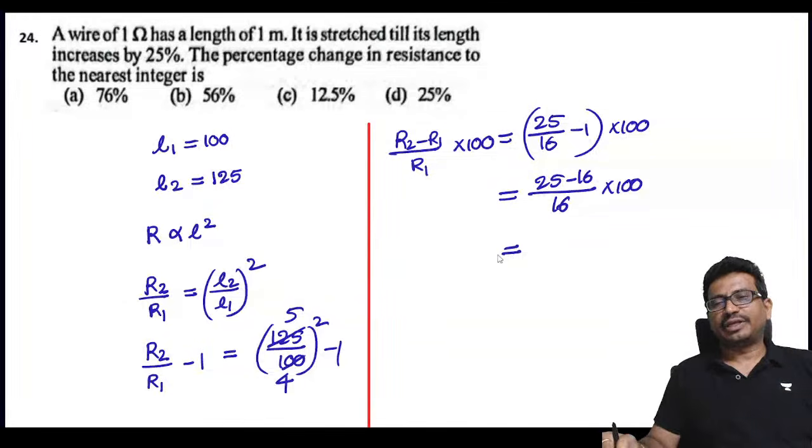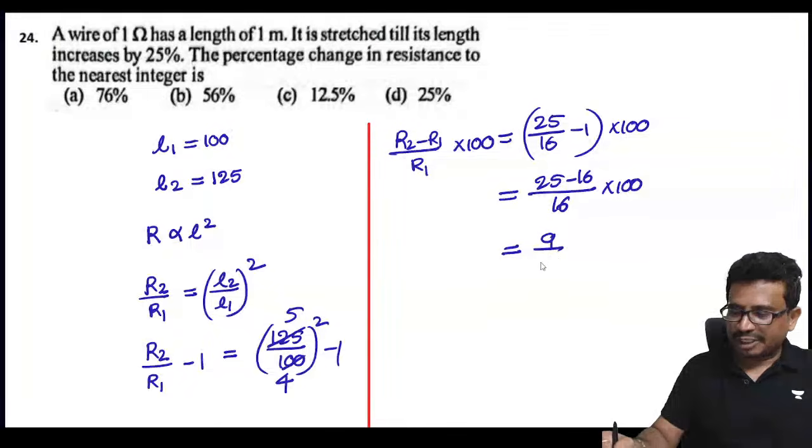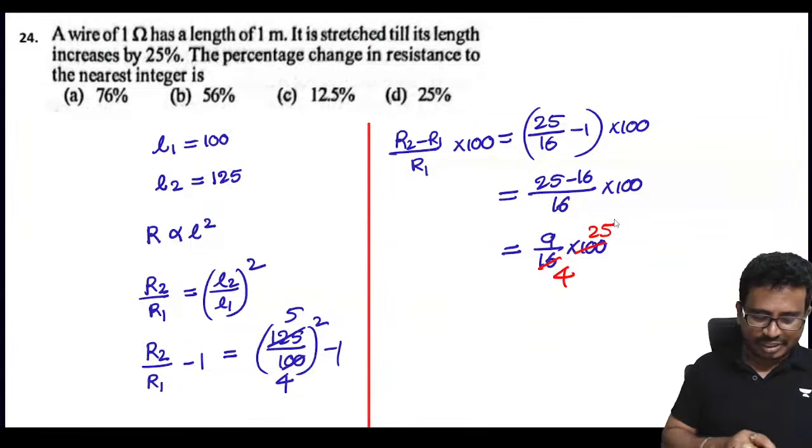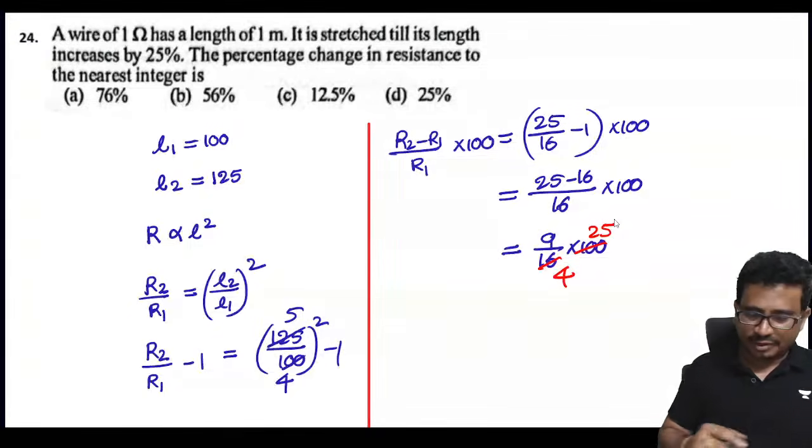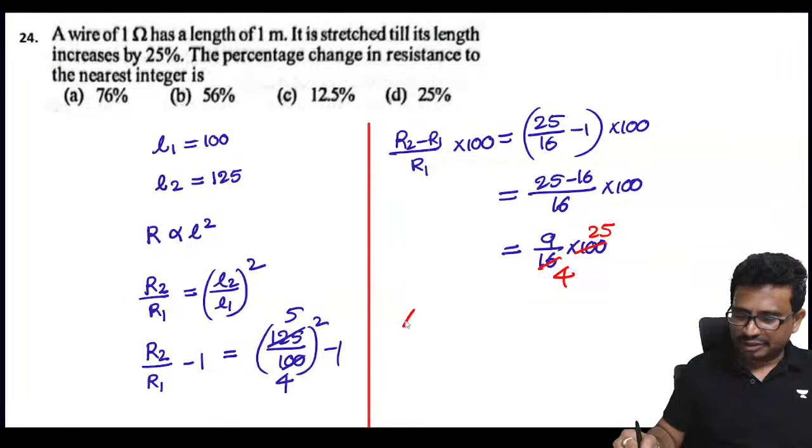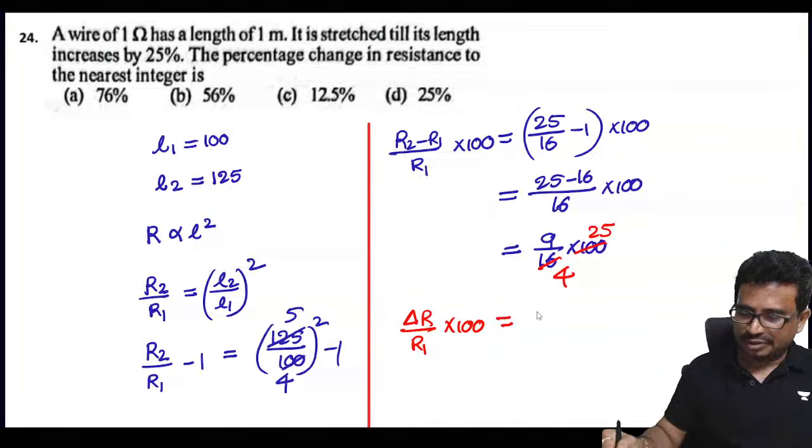So what is the value? 9 by 16 into 100. So 9 by 16, 4 fourths, 4 25s. Now how much will come? 9 into 25 by 4. So we get this value. This is the percentage change of resistance, that is delta R by R1 into 100, which is equal to 56%.